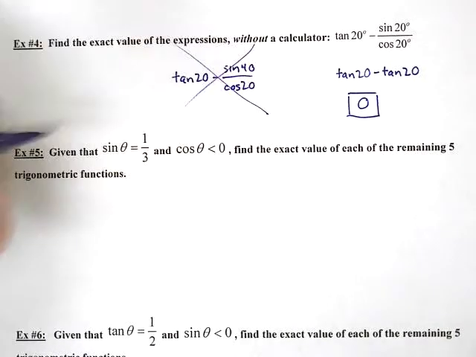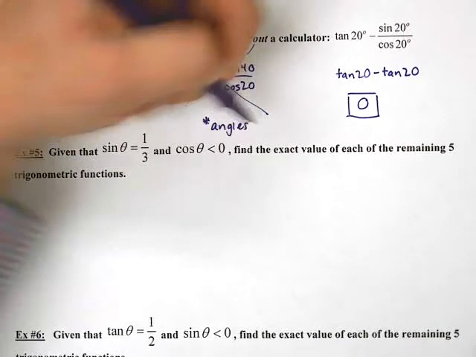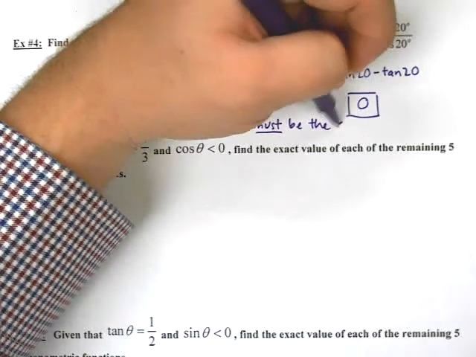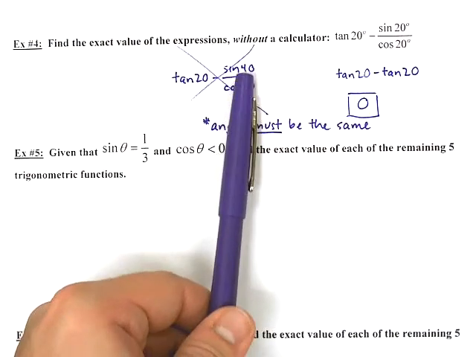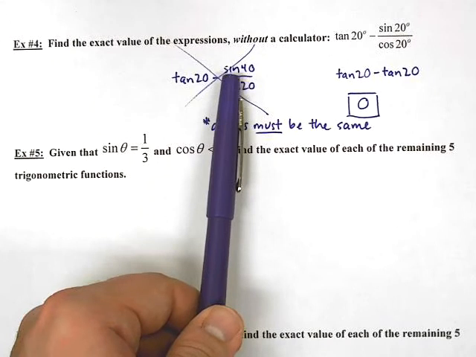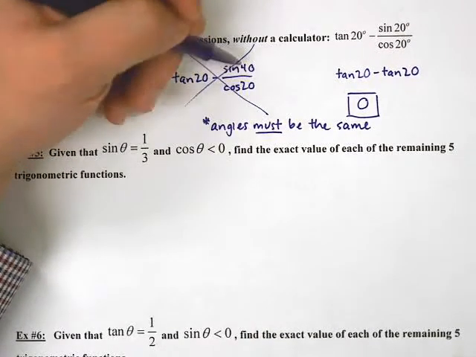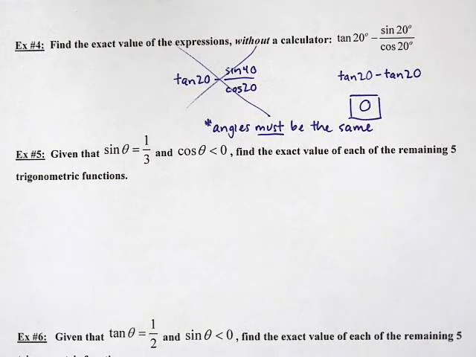So put a big X through that and say angles must be the same. Hopefully you understand, I can't just change the angle. If I change the angle, that completely changes the y value, and that's what I'm looking for here. If I'm talking sine, I can't just pull out a 2 and then cancel like I was trying to do earlier. So please understand that this is only going to work if the angles are the same.